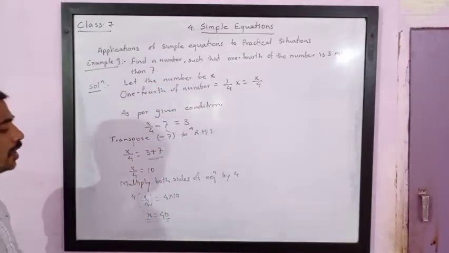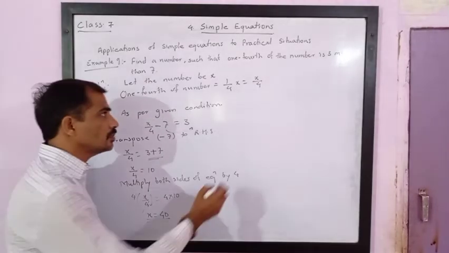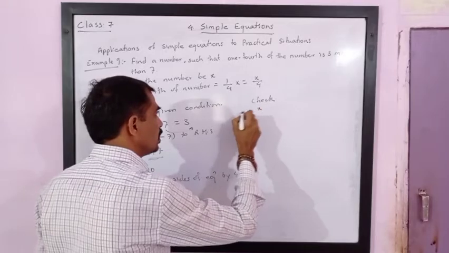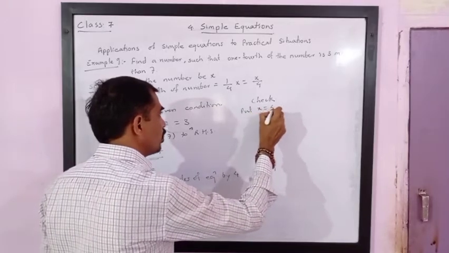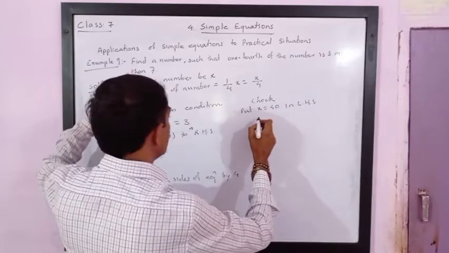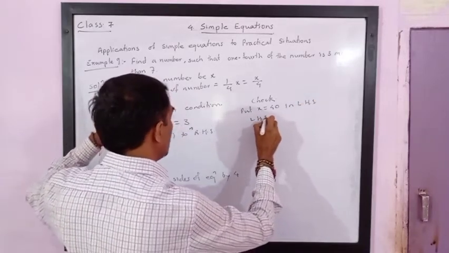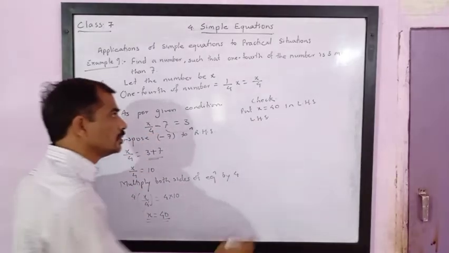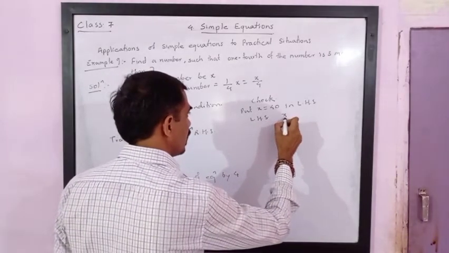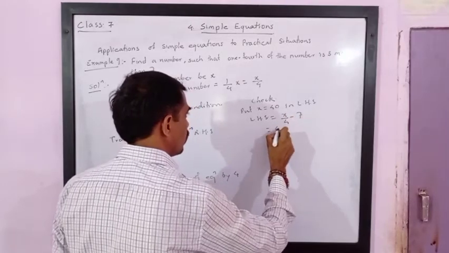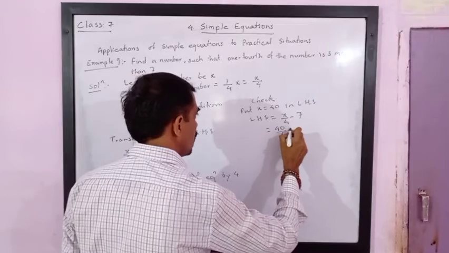Let us check whether we are getting the same or not. So for checking, we put x is equal to 40 in LHS. LHS of the equation is x upon 4 minus 7. That is equal to 40 upon 4 minus 7.